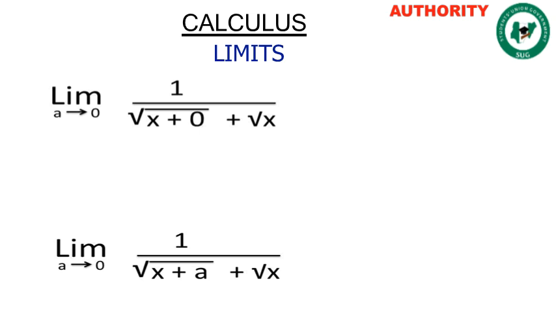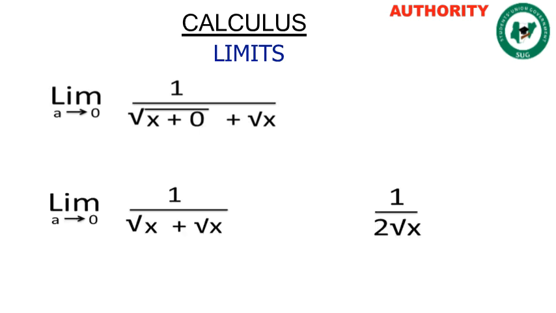So we have 1 all over square root of x plus square root of x. This is something like orange plus orange. It's going to give you 2 oranges. So square root of x plus square root of x gives you 2 square root of x. So we have 1 all over 2 square root of x.